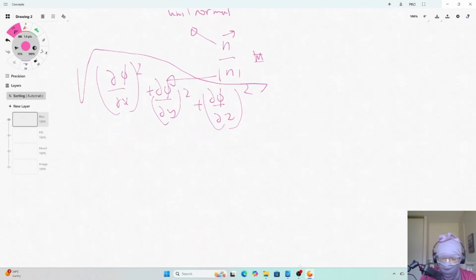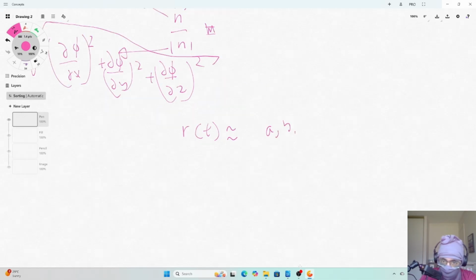So we would say that RT is approximately equal to ABC plus unit normal times the velocity times t, for small t.